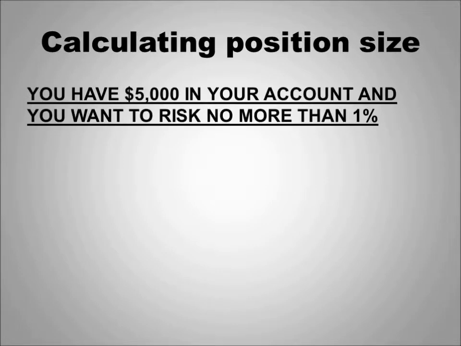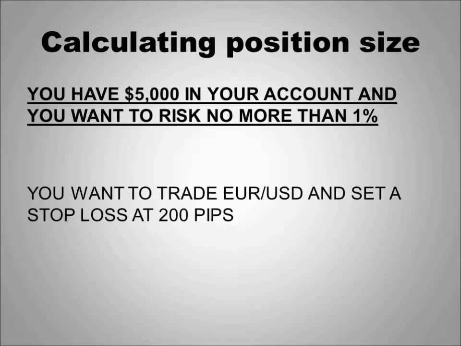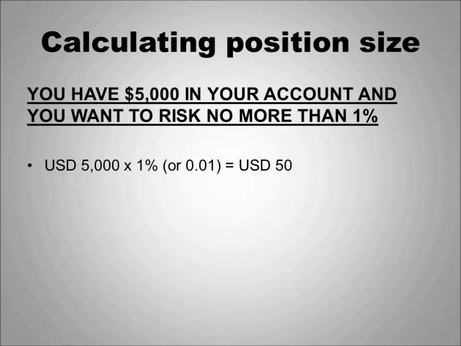So let's say you have $5,000 in your account, and you decided that you're only going to risk 1% on every investment. So what this means is, if you decide to trade euro dollars, I'm just putting this here as an example. If you wanted to trade the euro dollar pair, we should put the stop loss at 200 pips.